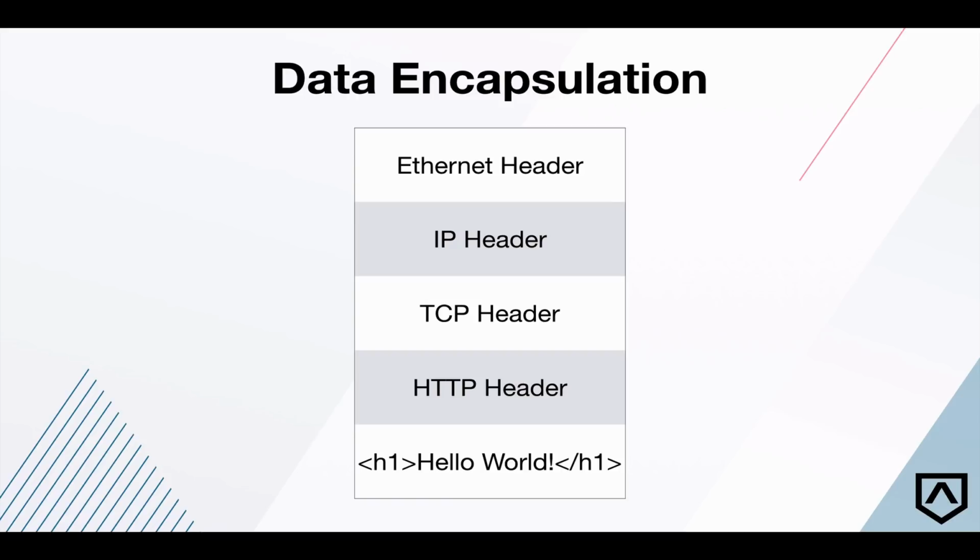Each of these headers deals with different parts of the networking stack. So you can imagine, as you are sending a piece of data out from your machine into the open internet, the first thing it'll get encapsulated by is HTTP, because at that point you might be making, let's say, a GET or POST request with that data.